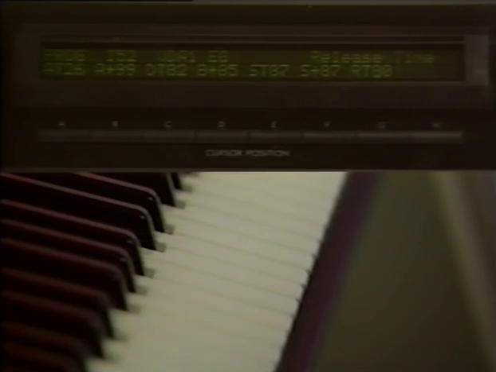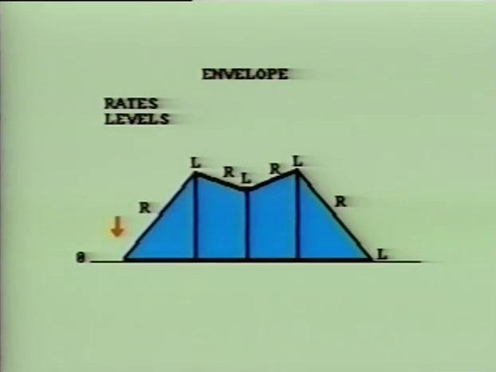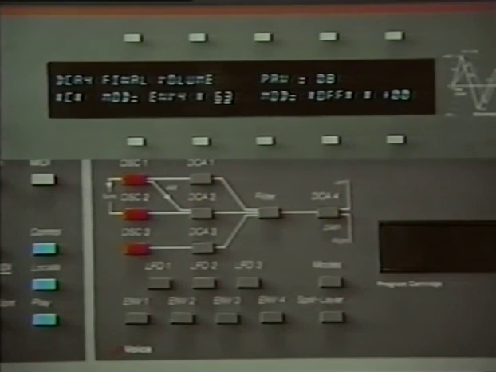The same rules of volume envelopes apply, regardless of what the stages are named. We're dealing with rates and levels. The level of the volume is going from 0 to one level, to another level, to another level, and finally back to 0. In the architecture on the SQ80, envelope number 4 determines the overall volume envelope for the sound.